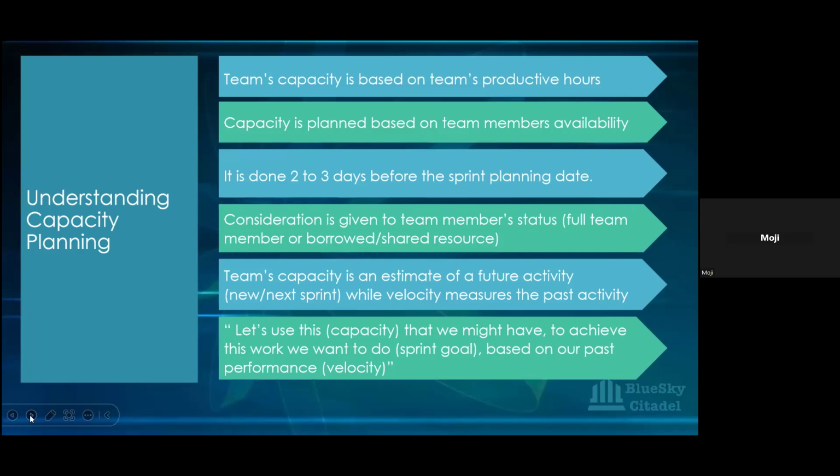That's why it's an estimate, it's not accurate. So you need to leave some buffer when you're doing that planning. That's why we call it an estimate. Okay, so let's use this, which is the capacity that we might have, in order to achieve this work we want to do, which is your sprint goal, based on our past performance. And that is your velocity. Okay, you look at your velocity.